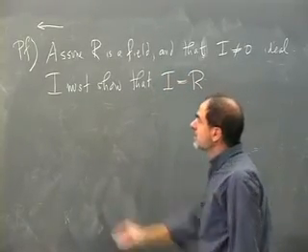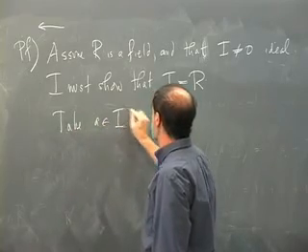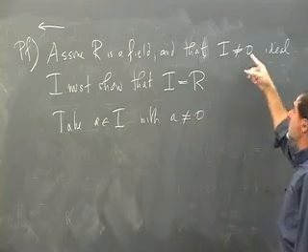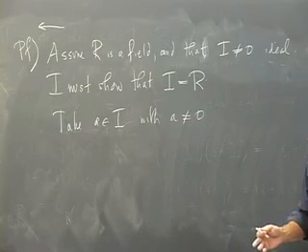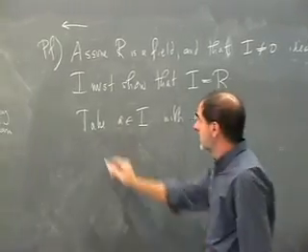All right? Well, take some element A in I with A not equal to 0. If it's a non-zero ideal, it means it contains some element which is non-zero. Then A has an inverse.